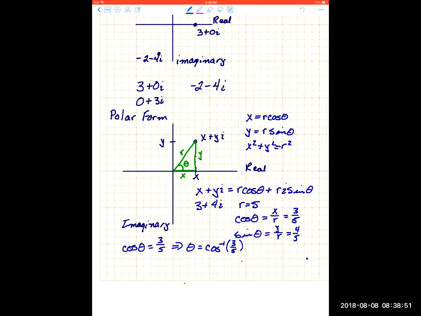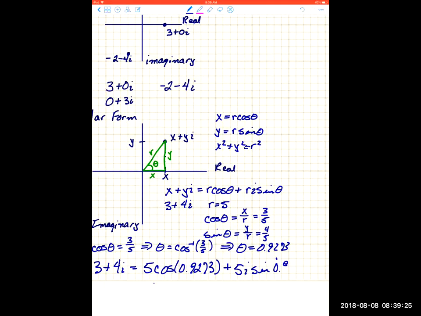So theta is 0.9273. All right. So 3 plus 4i can be rewritten as 5 times the cosine of 0.9273, which we would turn into a number if we needed to, but in this case, I'm just illustrating this point, plus 5i times the sine of 0.9273.